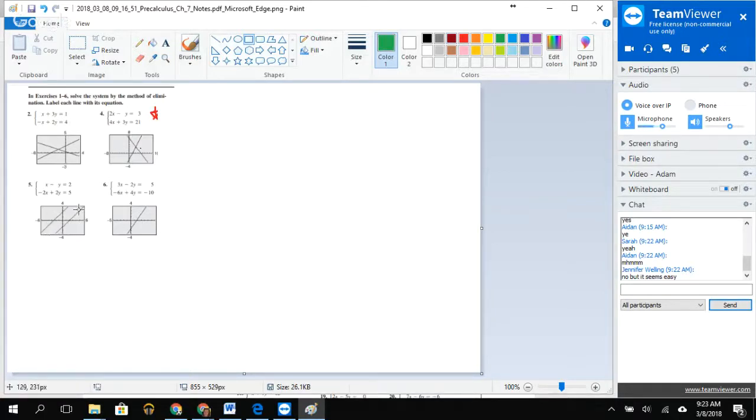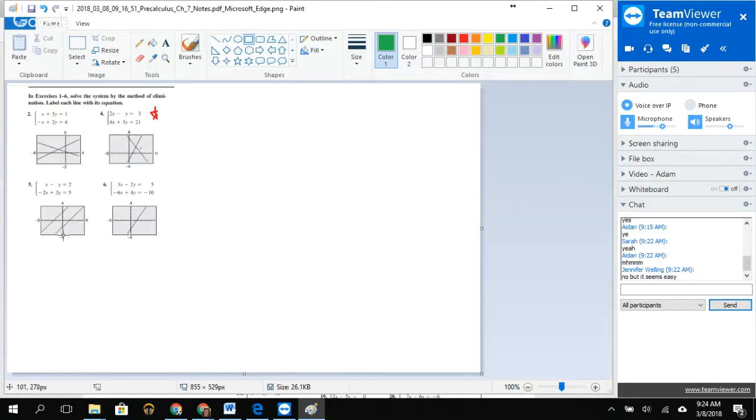Just based off of this graph, what's your guess as to the solutions to this system of equations? We have x minus y equals 2 and minus 2x plus 2y equals 5.